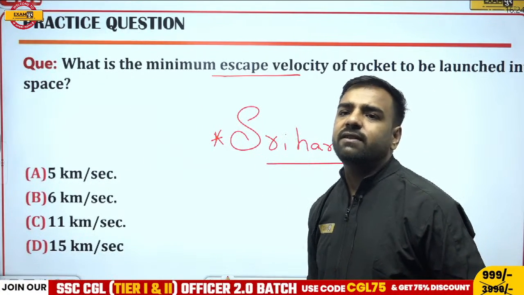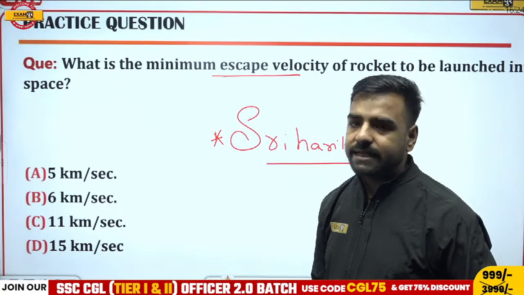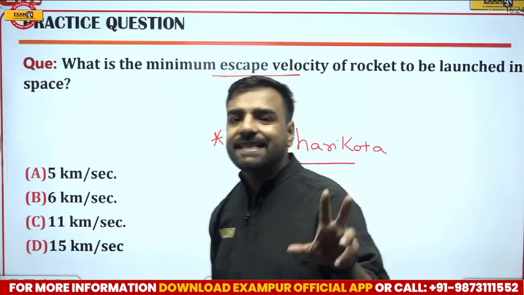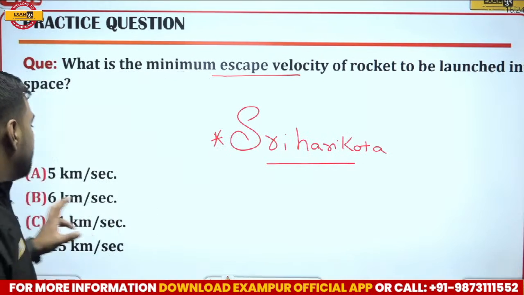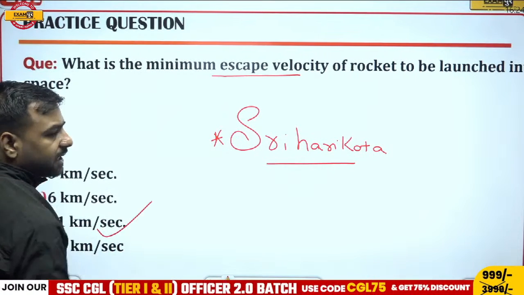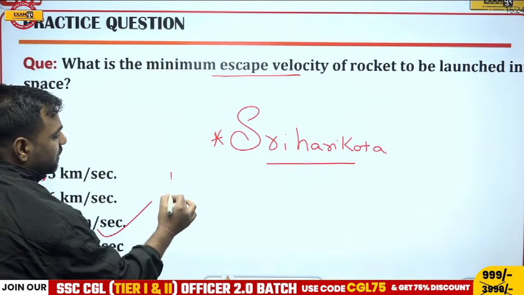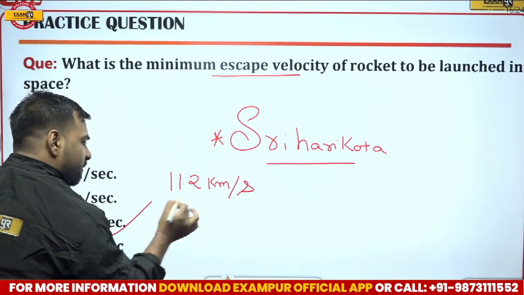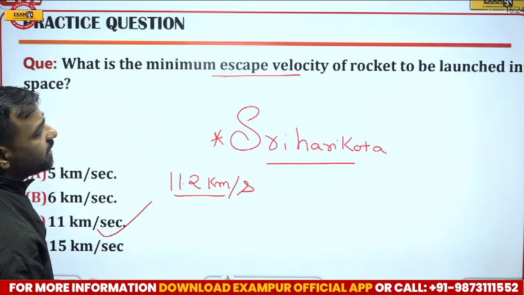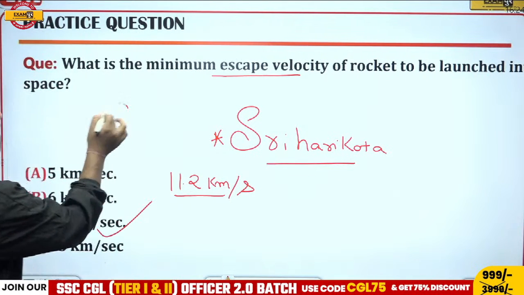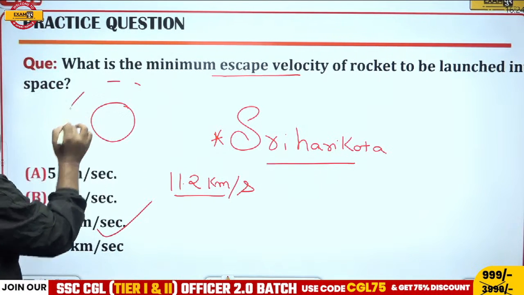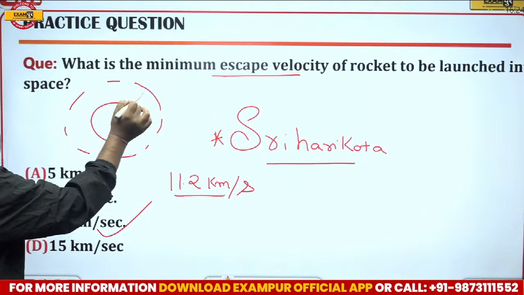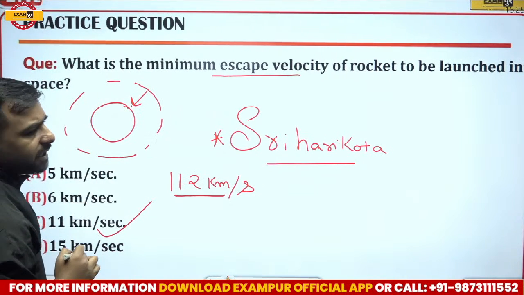Now, Manish has already given the answer, so it is 11 km per second, and that's totally correct. If I talk about the exact value, obviously option C is correct. The exact value is 11.2 km per second. And why is this much velocity required? There's a reason behind it. Outside the Earth, there is some level up to which gravitational pull must be acting.